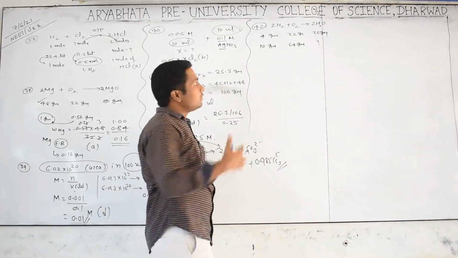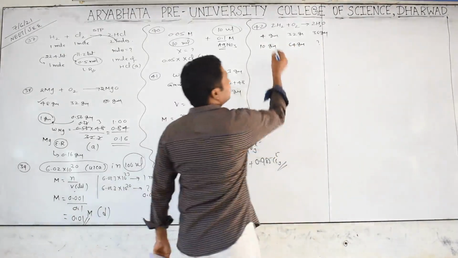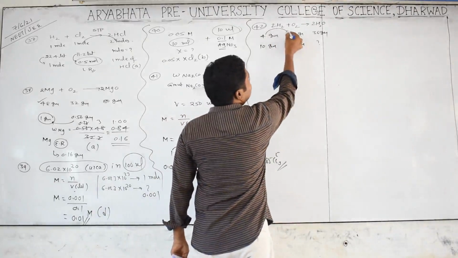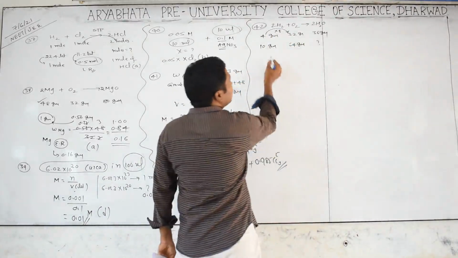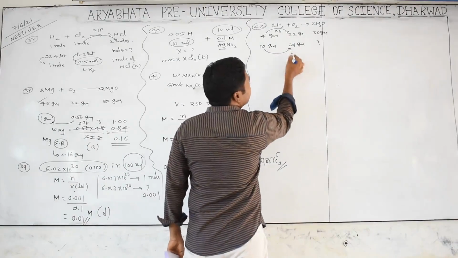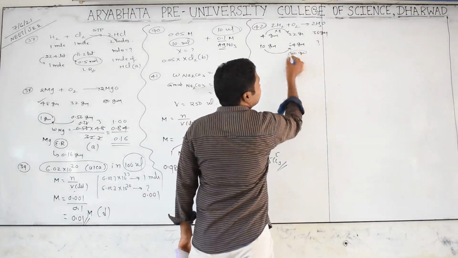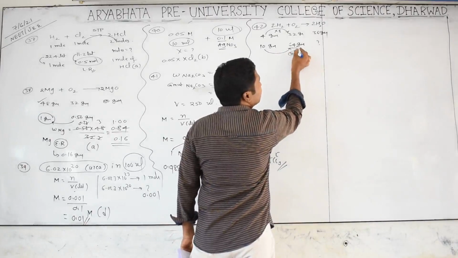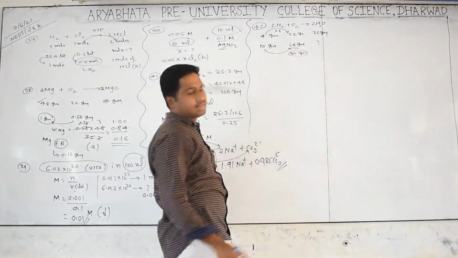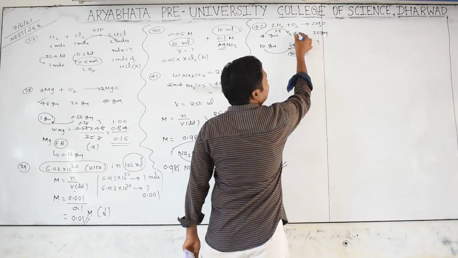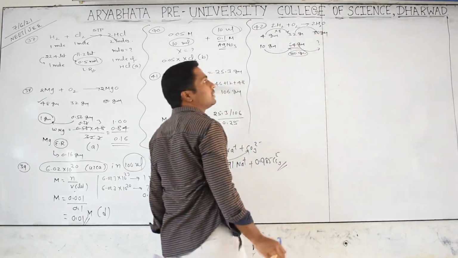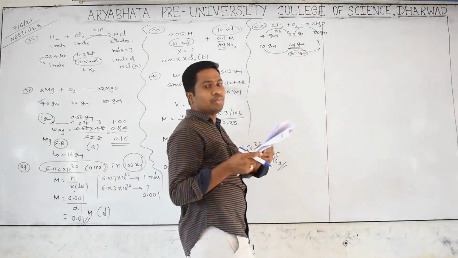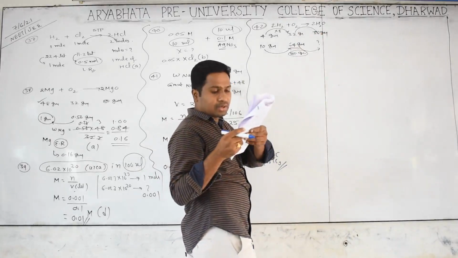Which is the limiting reagent? If you take 4 grams, it requires 32, which is 8 times. So 10 grams requires 80 grams of oxygen, but 64 grams is given, so oxygen is the limiting reagent. The product is always controlled by the limiting reagent. 32 grams gives 36 grams, then 64 grams gives around 72 grams.